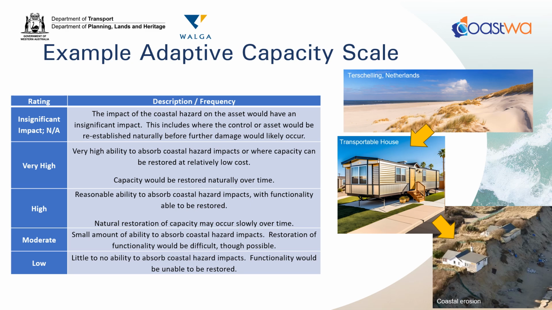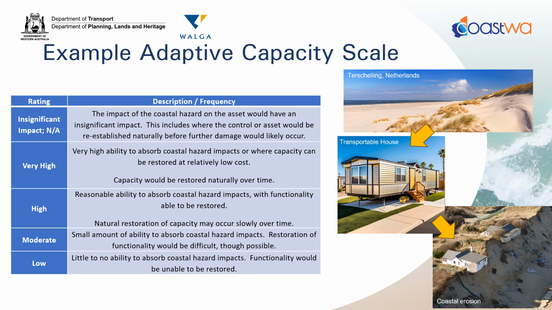In between those two bookends, you have a level of adaptive capacity that can range from moderate to very high. An example of that may be a transportable house, such as the figure shown in the middle, where you may have a house that's on wheels, and if there's an erosion event or something, well, maybe you just move the house out of the way. May not be necessarily that simple with connections and sewer and power and all those types of things, but it's something that is obviously better in terms of adaptive capacity than an actual slab on ground.